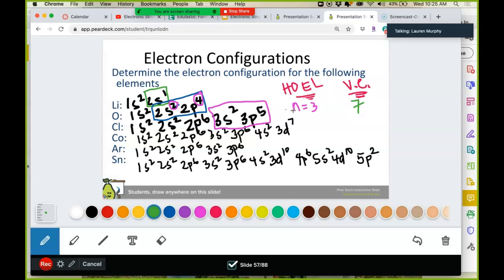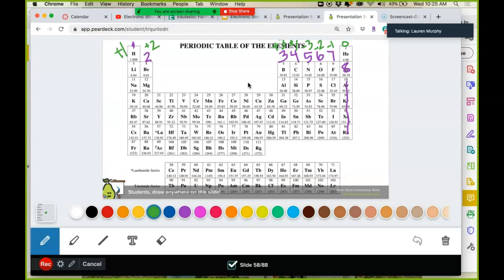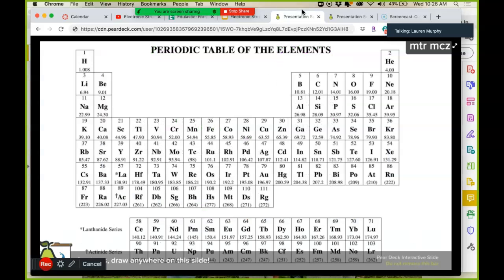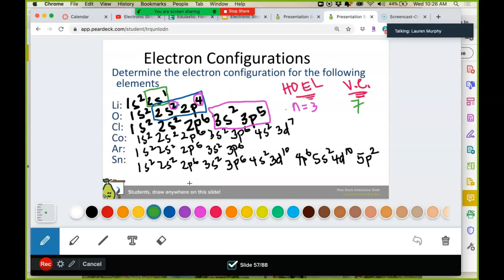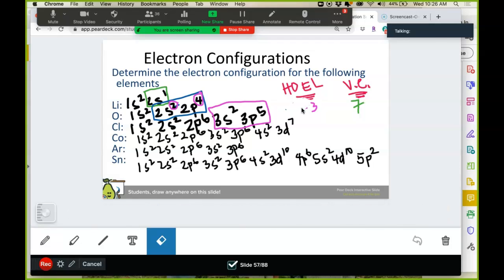Now you got to be careful with transition metals, which I don't know if you noticed, but when we're looking at the periodic table, we've kind of completely ignored any patterns within the transition metal block. Okay, there's a reason. It's because they don't follow a pattern. We usually just use the S and the P block, which are referred to as your representative elements. So, what is the highest occupied energy level for cobalt? 4.